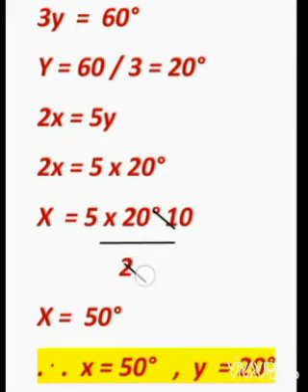Now let us cancel 20 and 2. 2 tens are 20. So the value of x is equal to 5 into 10, which is 50 degrees. So children, the measure of x is equal to 50 degrees, and the value of y is equal to 20 degrees.